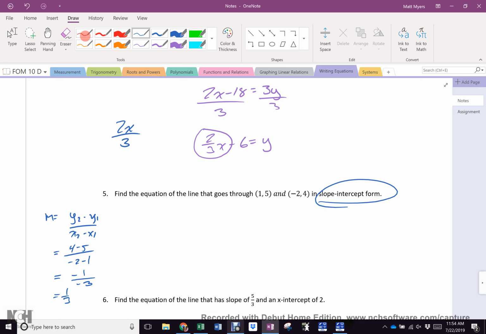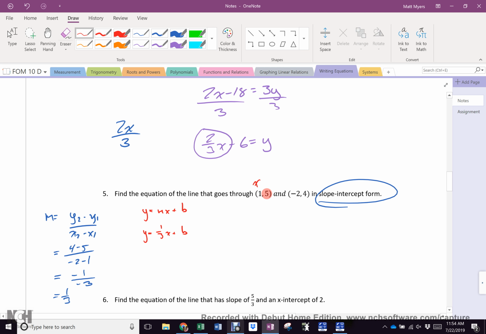Slope-intercept form says y equals mx plus b, right? Okay. What in there can I fill in right now? 1/3 x plus b. Now I'm in trouble. Why? Well, I'm not in trouble. And neither are you. But you could be in trouble if you weren't thinking. Because what is this?